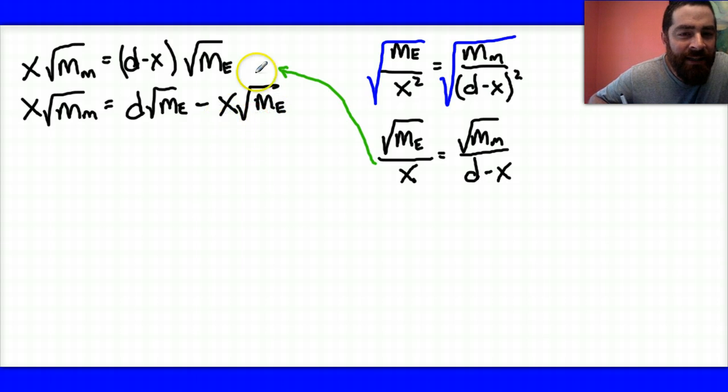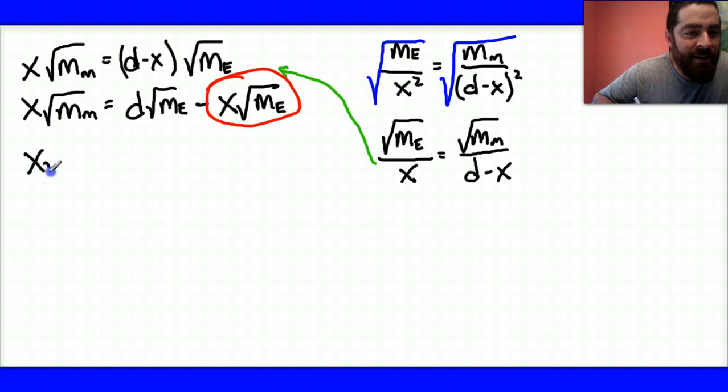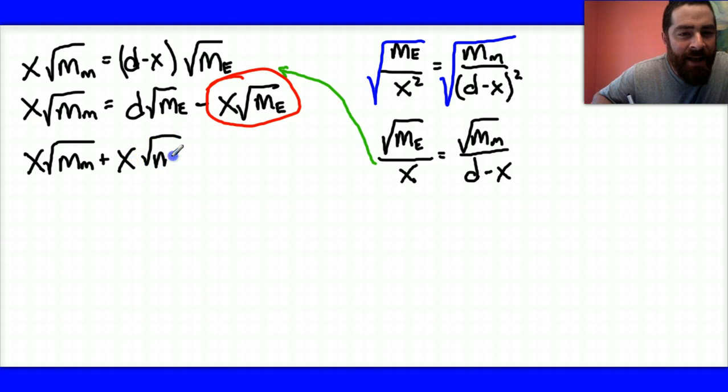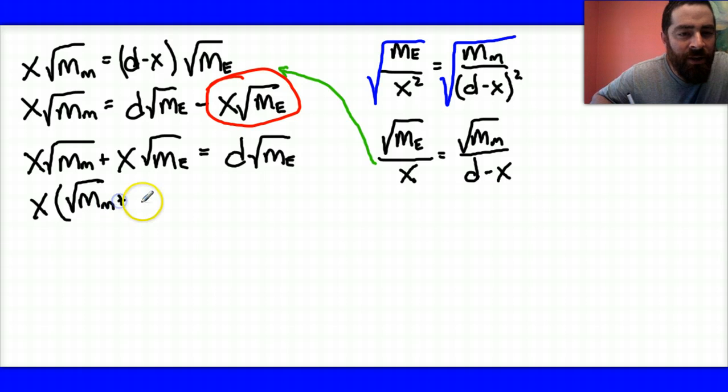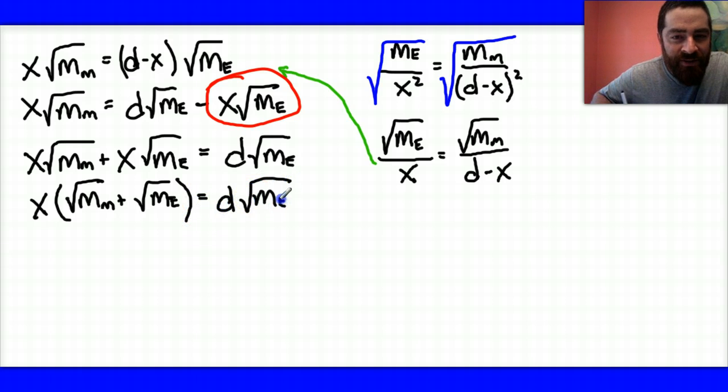I'm going to combine these like terms here. I'll add that to both sides, and I get x times root mass of the Moon plus x root mass of the Earth is equal to d times the root mass of the Earth. I can factor out the x, since that's the variable I'm trying to isolate, and I get x times the root of mass of the Moon plus root mass of the Earth is equal to d times the square root of the mass of the Earth.